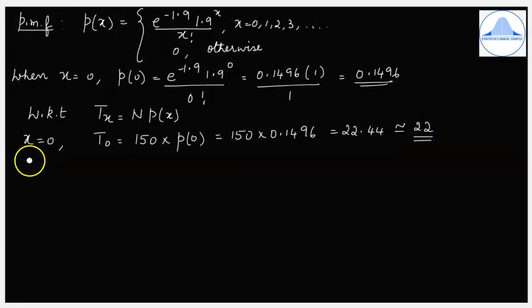Similarly, to find out the remaining theoretical frequencies, we'll make use of the recurrence relation between successive frequencies of the Poisson distribution. So I will write the formula. Consider the recurrence relation between successive frequencies.